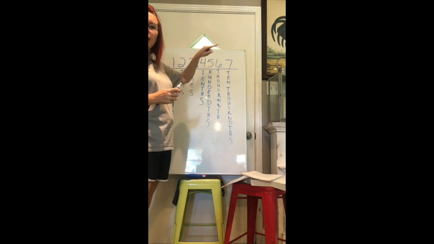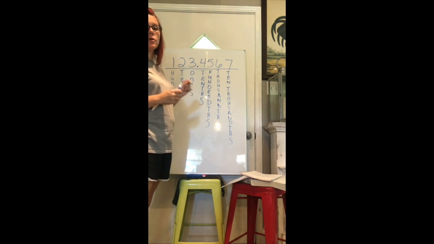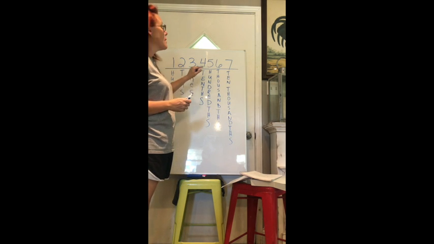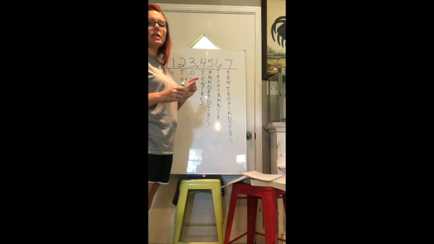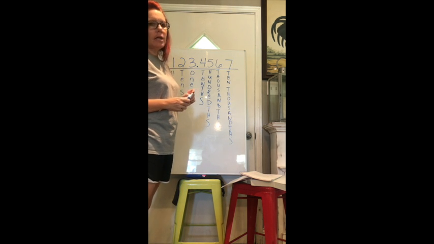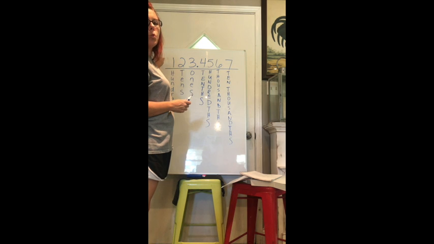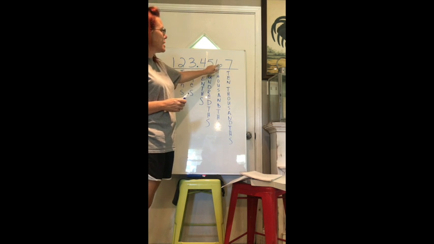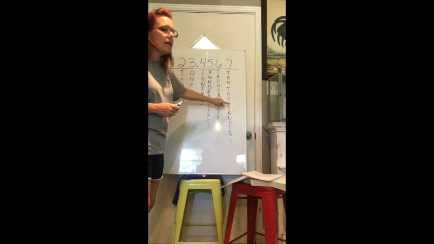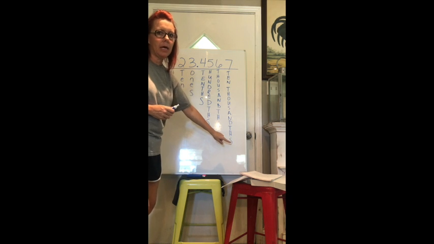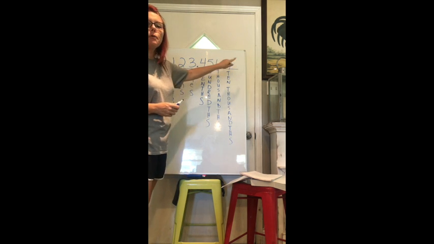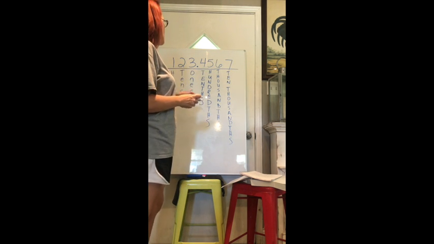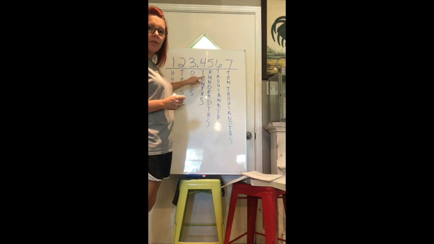And anytime you're reading a number as a statement or as a sentence with words that has a decimal, the decimal is read as "and." So I'm going to read this as 123 and 4,567 ten thousandths.